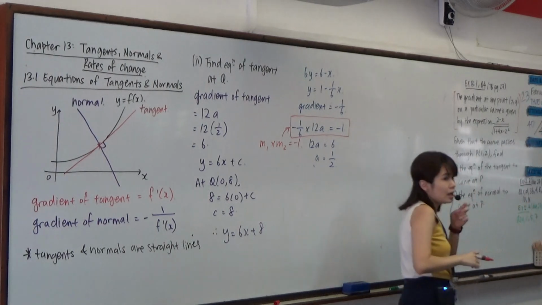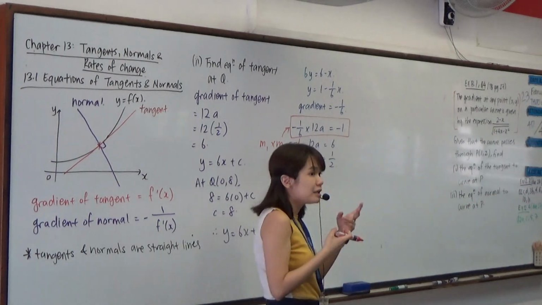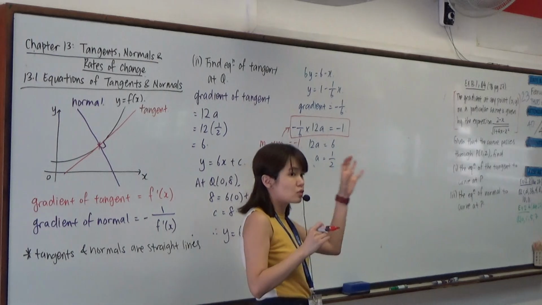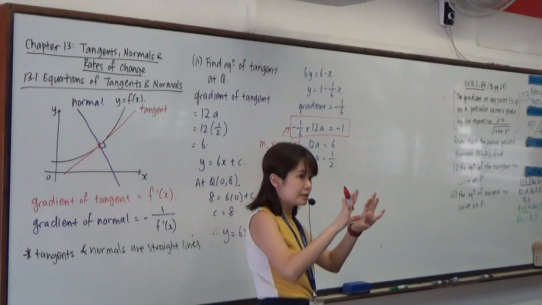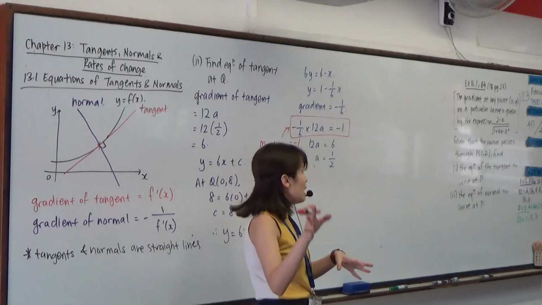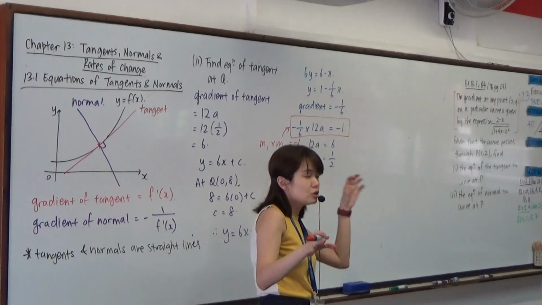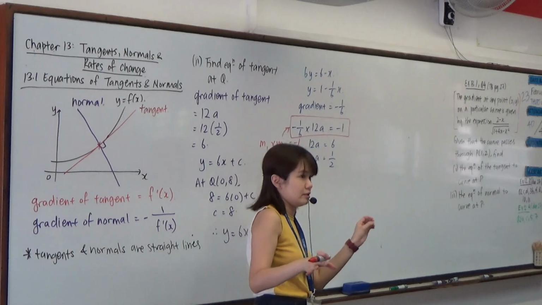At this juncture, I hope that you have already developed the idea that gradient and dy over dx mean similar things. So dy over dx, we're looking for gradient. Gradient of what? Gradient of the tangent, in fact.